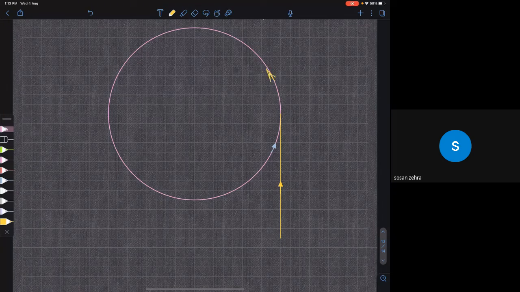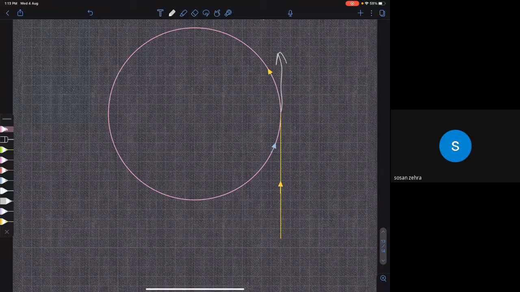Like, if there is no friction, for example, if there is ice fully on the road, and if I turn the steering, will the car turn? No, it will just slip in the straight direction. The car will go like this if there is no friction.